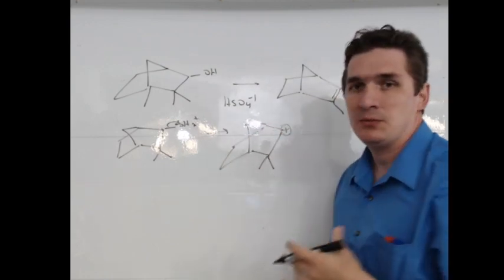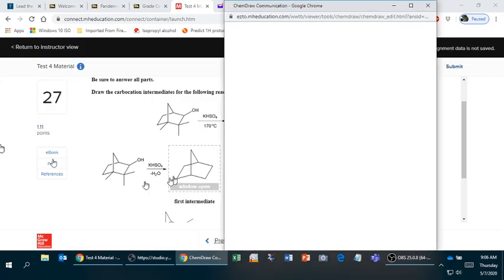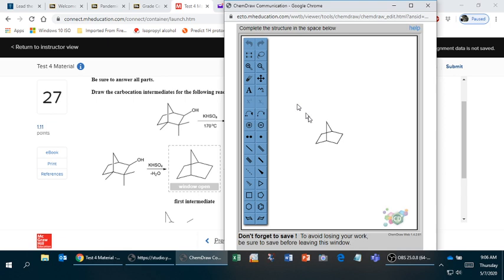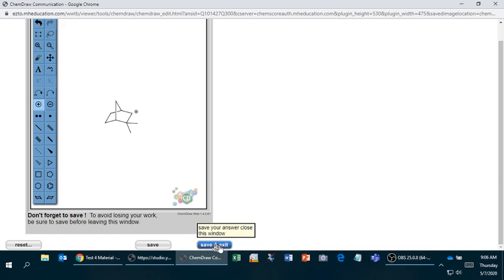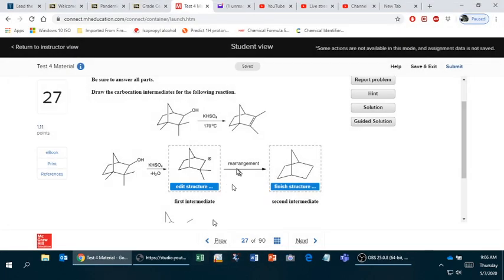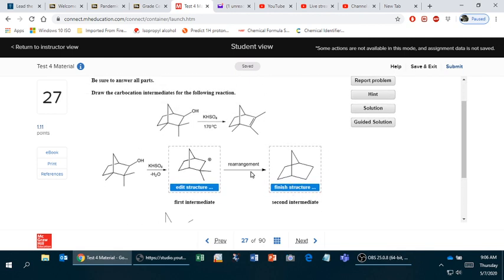So this should be your first intermediate with the carbocation. Now you're going to get rearrangement, which is what it's asking for in the second one.